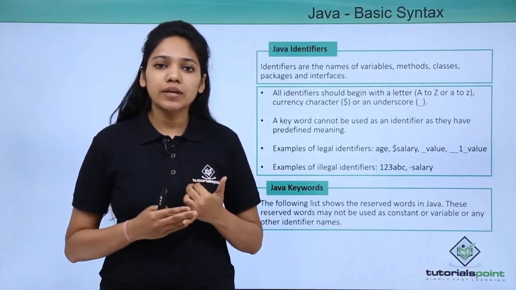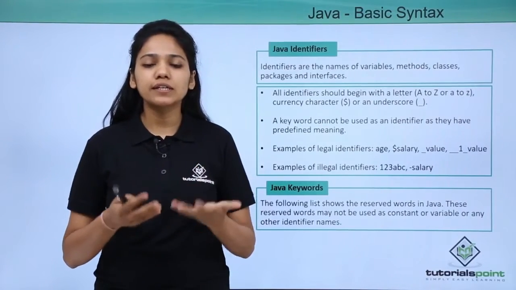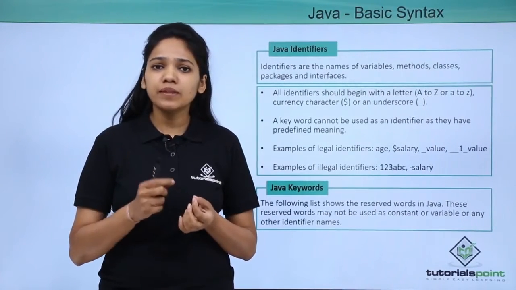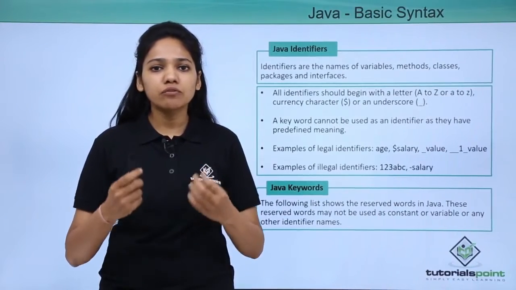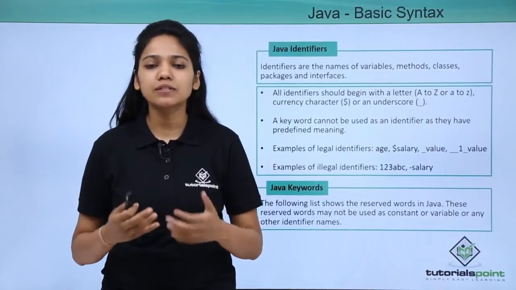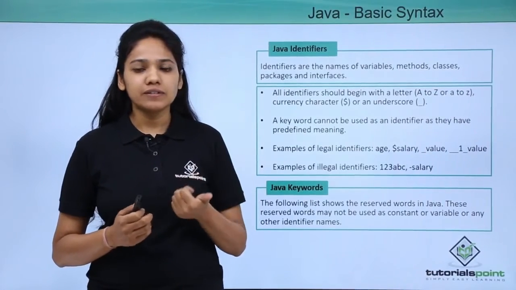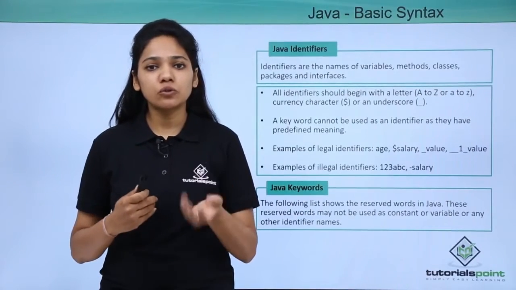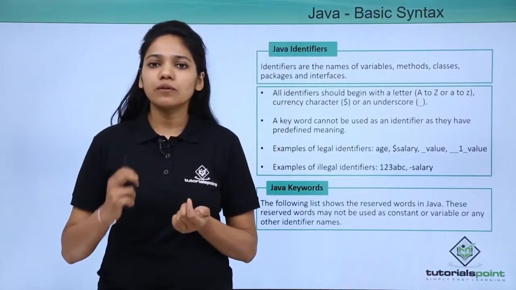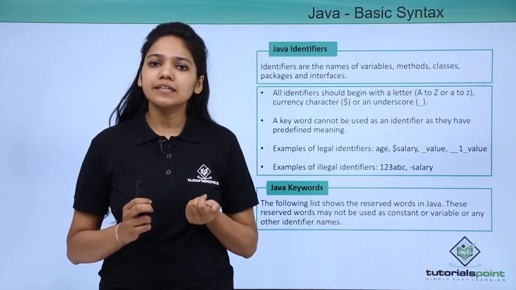But what are these variables? What are these methods or the classes that you create? The names that you give to all your classes, methods, variables and packages are nothing but identifiers. These identifiers that you create should satisfy certain criteria. What are these criteria?